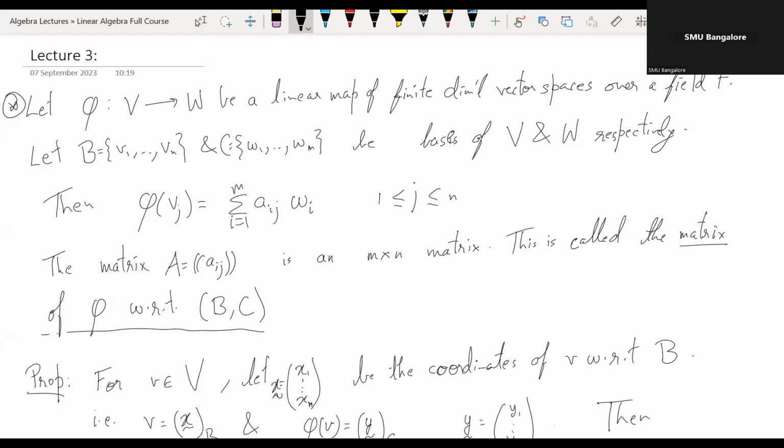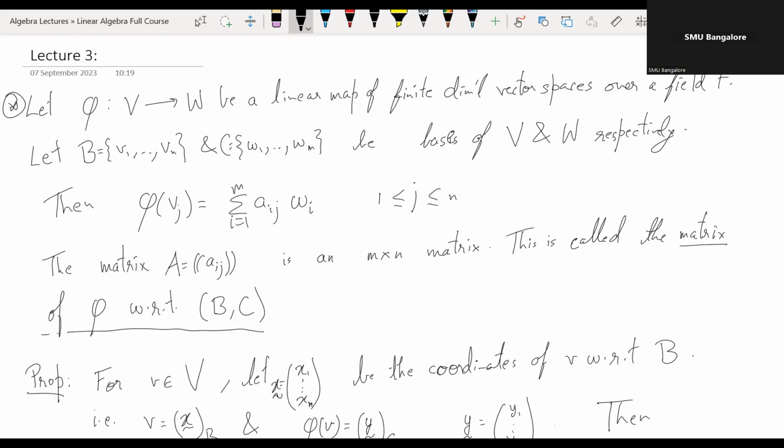When we say these are bases, it's not just a set, it's also ordered. If you change the ordering, things will change. So from now on, when we say basis, we mean an ordered basis. So B is a basis for V, and C is a basis for W, respectively.